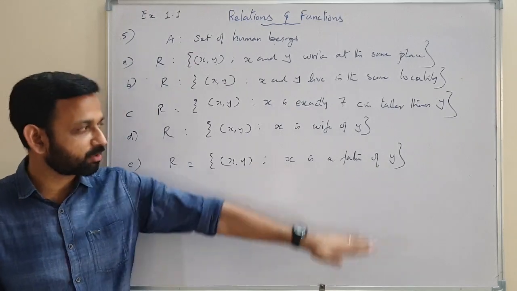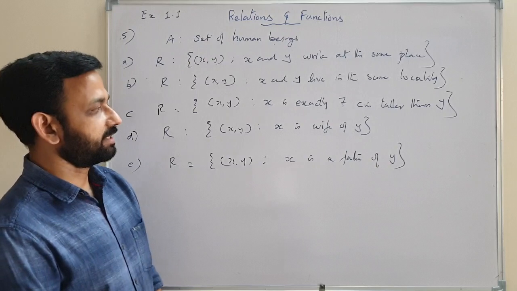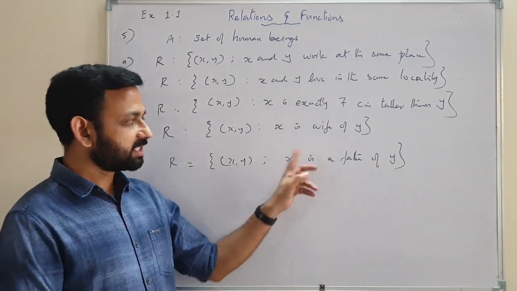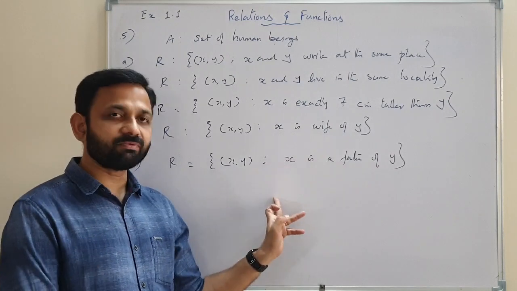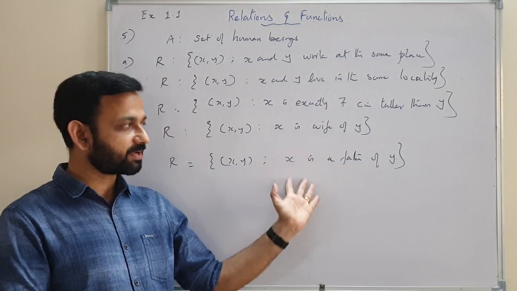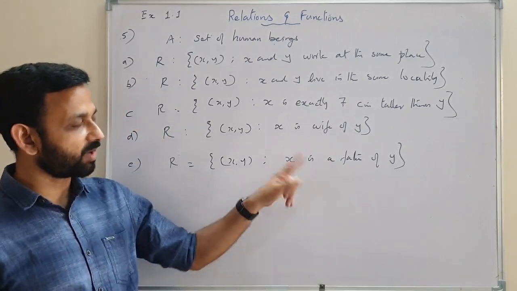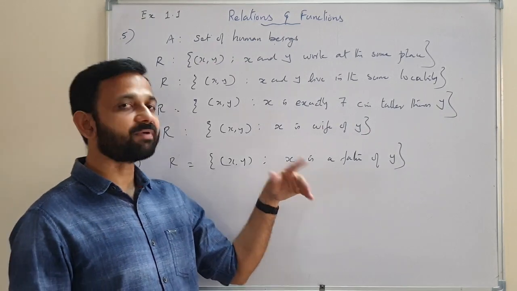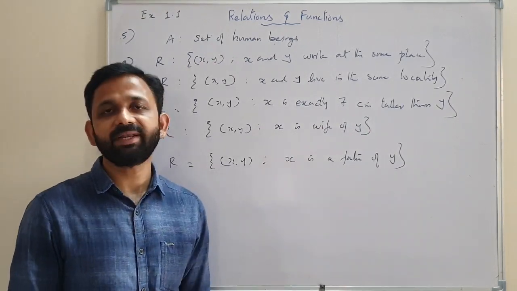Then symmetric. If x is a father of y and y is a father of x, it is symmetric, but it is not possible. If x is a father of y, then y is a son of x. So it's not a symmetric.